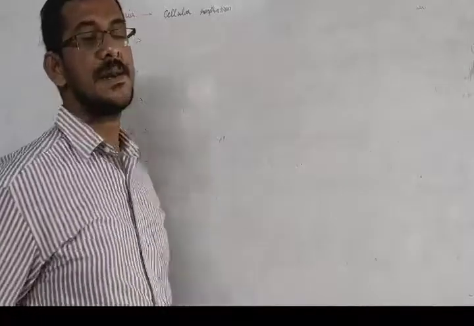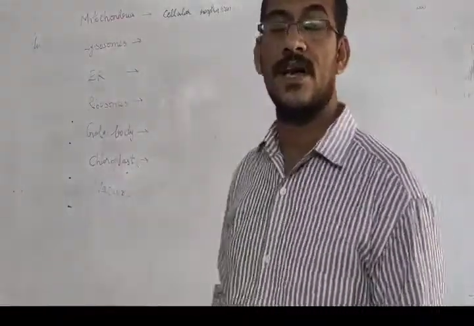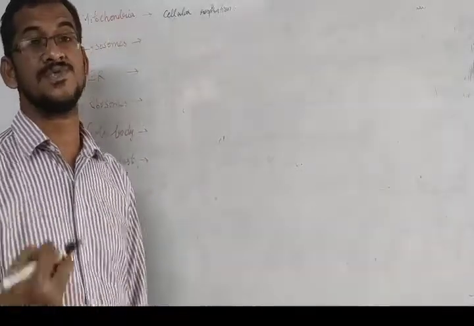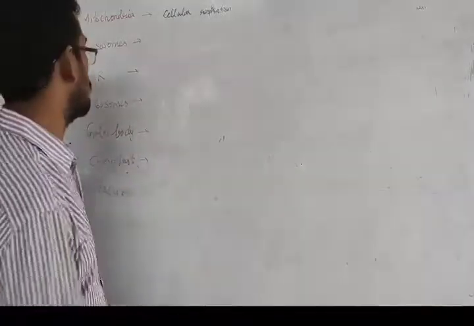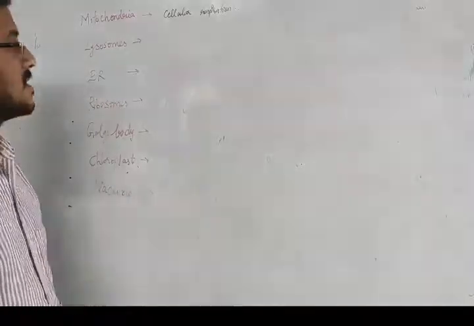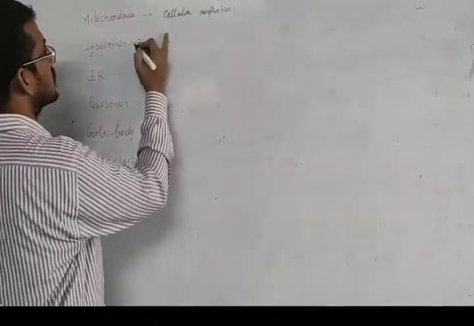Lysosomes are called suicidal bags of the cell because whatever materials should be destroyed or digested are sent to lysosomes, because it contains destructive enzymes. Thereby it is going to digest it. So what is the function of this?